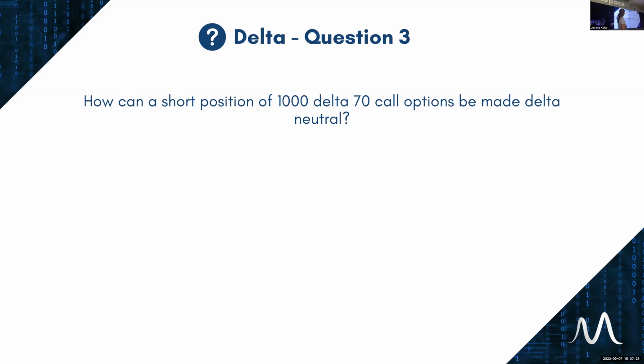Okay, so because you're short calls, that means you have negative deltas. So in this case, you have negative 700.